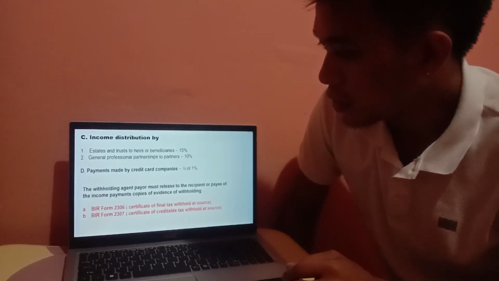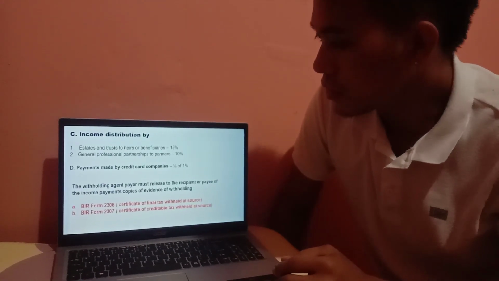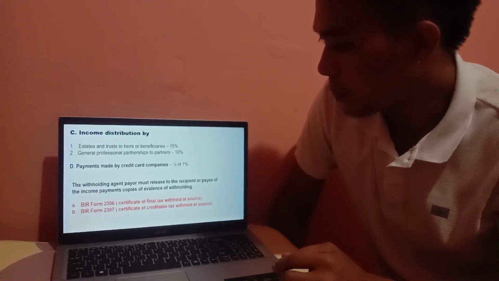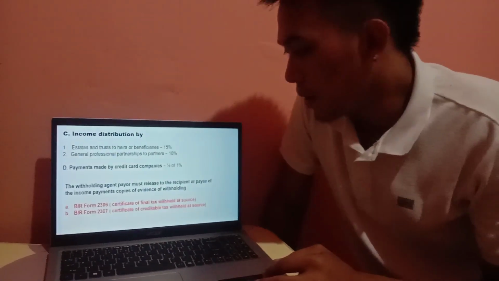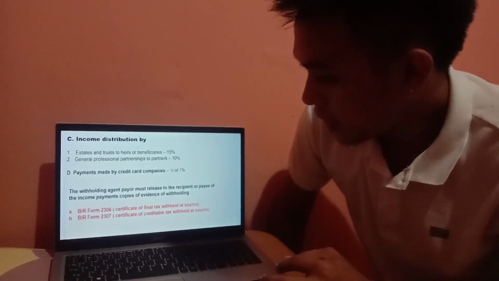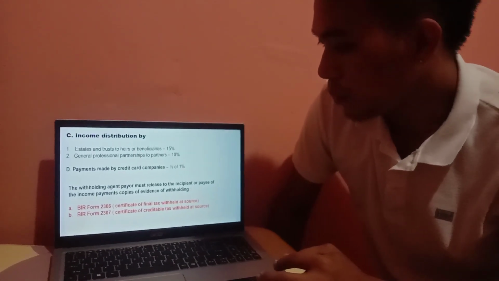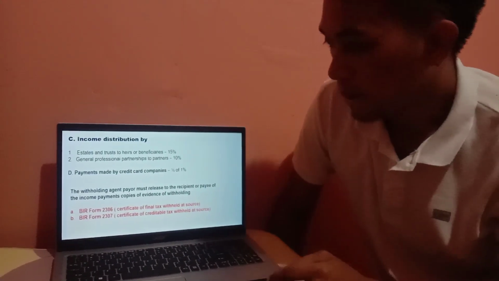Next, income distribution by estates and trusts to heirs or beneficiaries 15%. General professional partnership to partners 10%. Payments made by credit and credit card companies one-half of 1%.